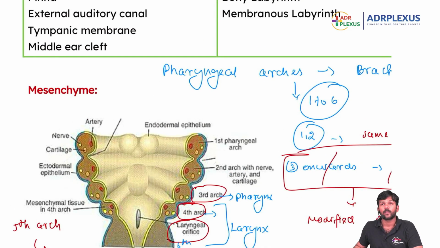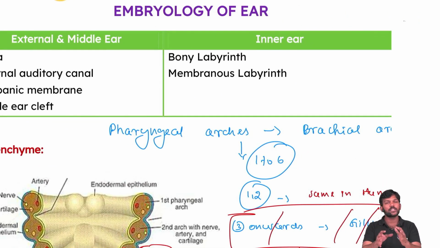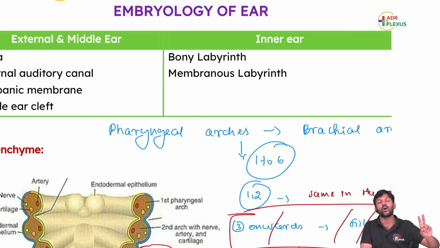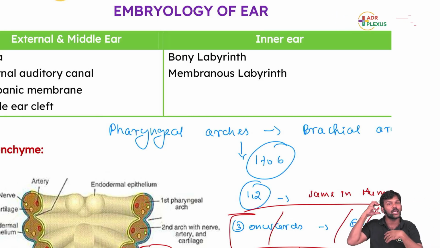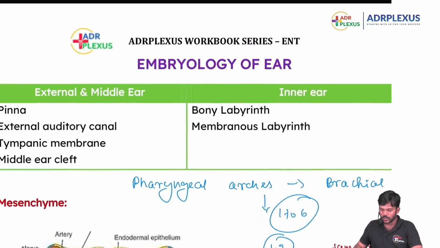Still not convinced, sir? Why are you telling this particular story at the start of the class? See here, the fishes don't have ears, but human beings have ears. The first and second pharyngeal arches are modified to form the hearing apparatus. With that note, I'll tell you a concept.